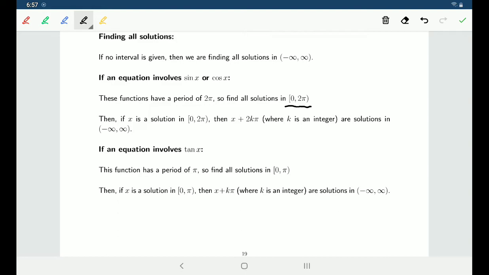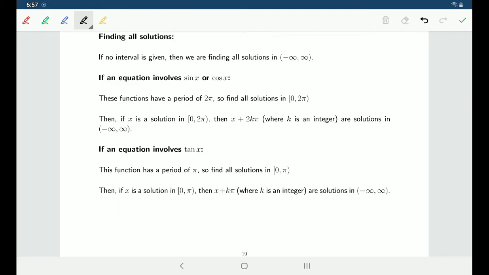Or in other words, once we find a solution x, then you can express all the other solutions in terms of taking that angle x and adding on 2k pi. 2 pi, of course, that's a full circle. 2k pi would be any multiple of a full circle. So going forward or backwards by one or more circles from the one solution that you've already found.